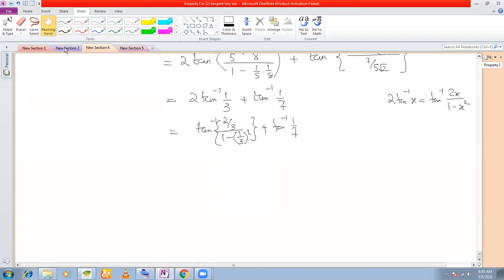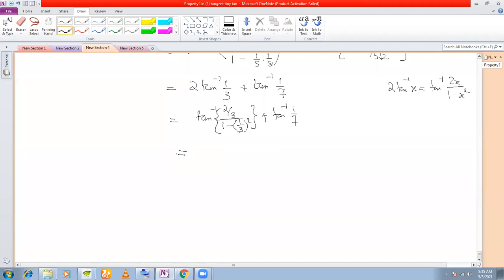Now again you simplify this. You will get tan inverse 3/4 plus tan inverse 1/7. Now again you use your compound angle formula, tan inverse x plus tan inverse y, to get tan inverse of 3/4 plus 1/7 by 1 minus 3/4 into 1/7.